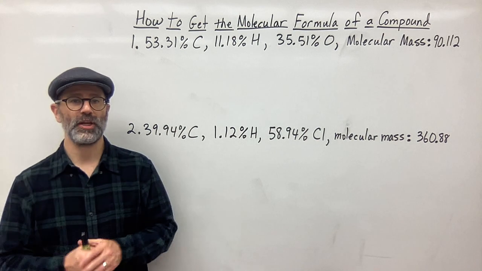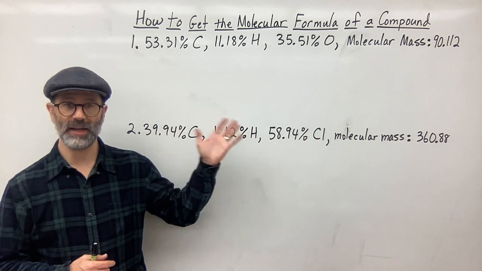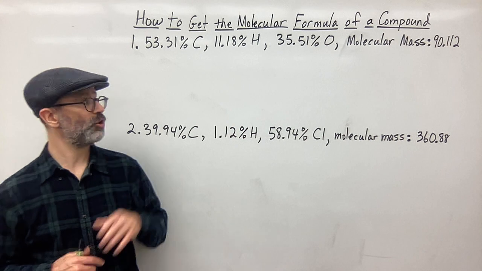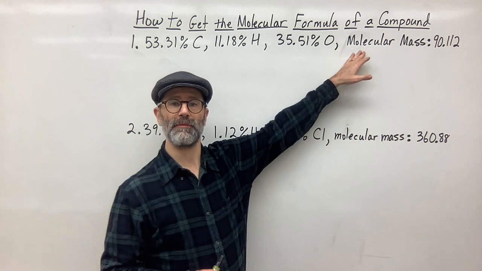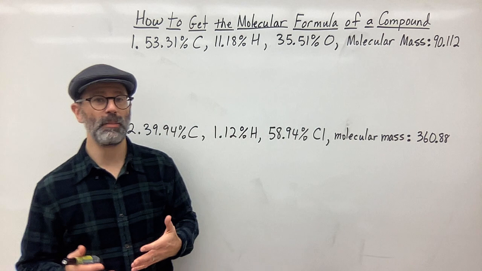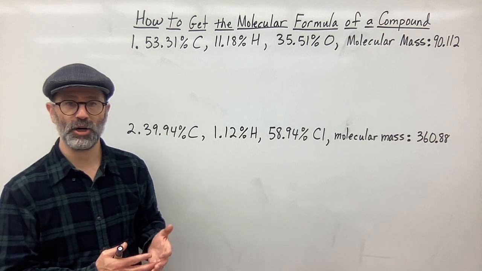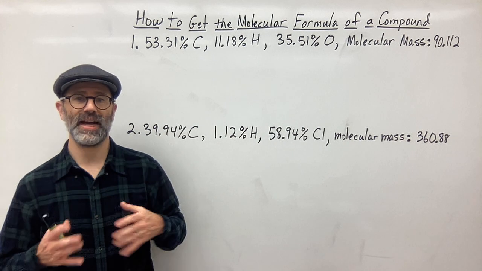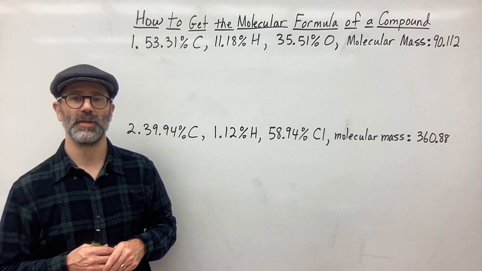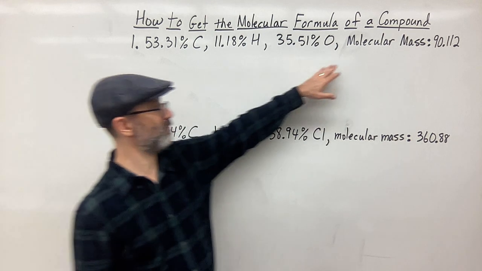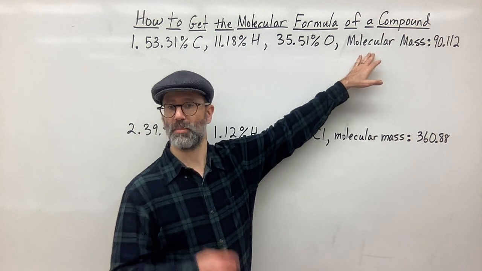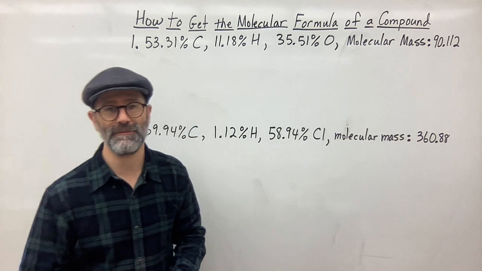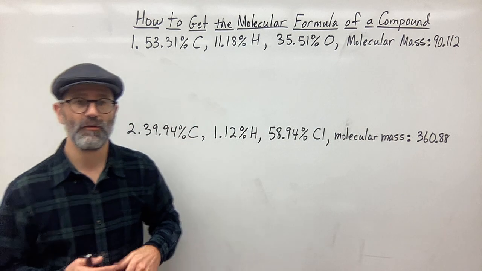In this video, we'll find the empirical formula, and then we're going to find the molecular formula using the molar mass. The difference between a problem asking for the empirical formula and one asking for the molecular formula is that the latter has to give you the molecular mass or molar mass of the substance itself. Without that, you can't find the molecular formula.